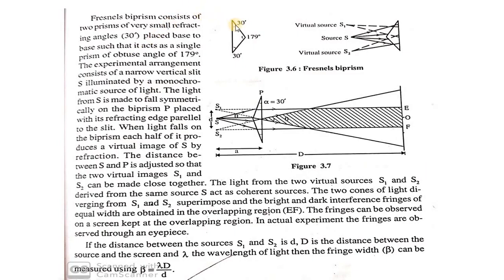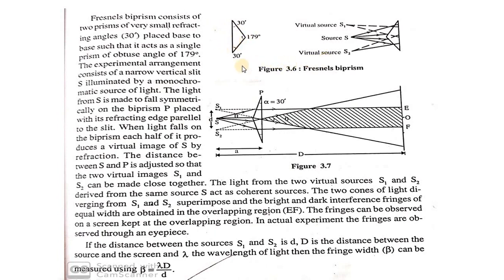So the Fresnel biprism consists of two prisms of very small refracting angles, 30 minutes each, placed base to base such that the obtuse angle of the prism is 179 degrees.